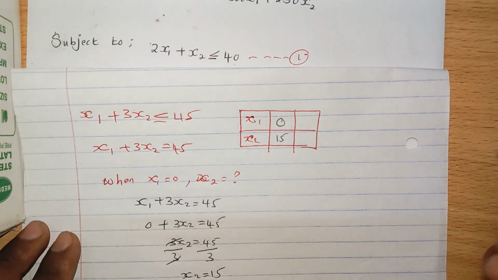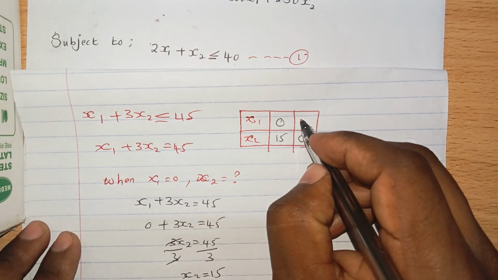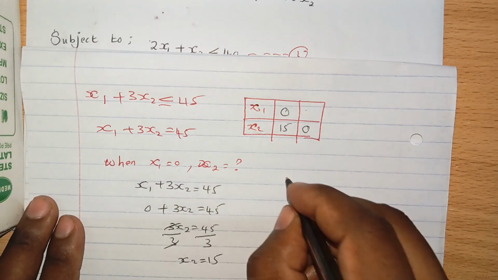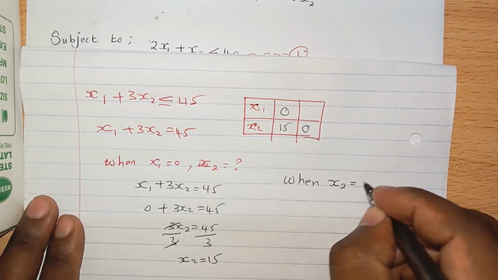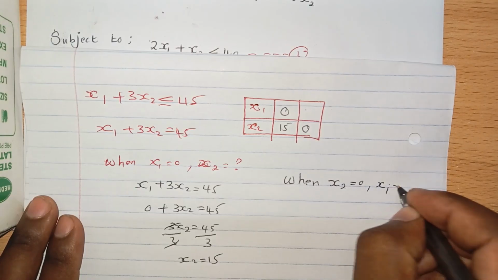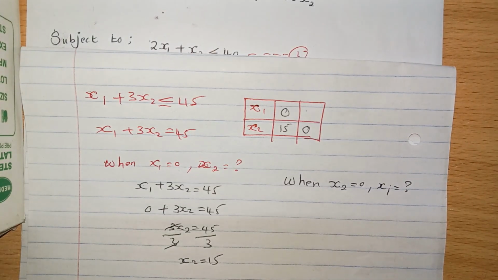Now we do the vice versa. So when x2 is equal to 0, what is going to be the value for x1? That is the question that we need to ask ourselves.